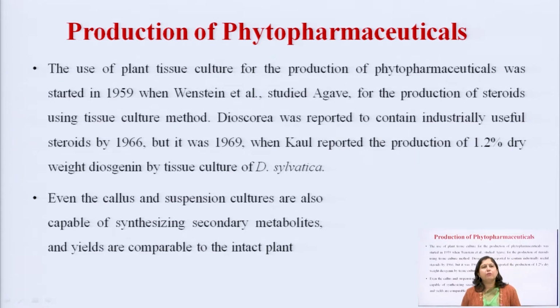What do you understand by phytopharmaceuticals first of all? Those chemical entities which are isolated from plants and in today's time are used as API, active pharmaceutical ingredients. For example, atropine. You know that atropine eye drops are available in the market. Atropine is obtained from Atropa belladonna, but it is available in the market in the form of a completely allopathic, modern medicine formulation.